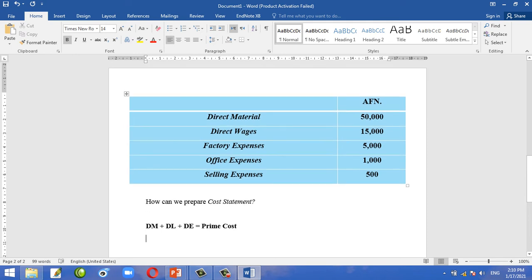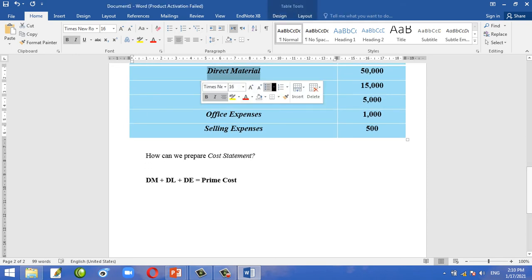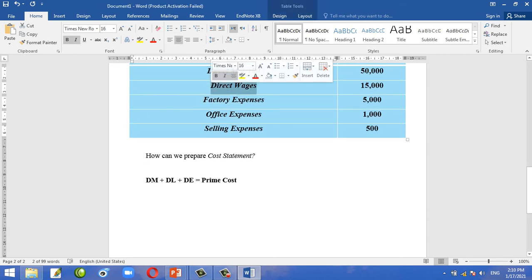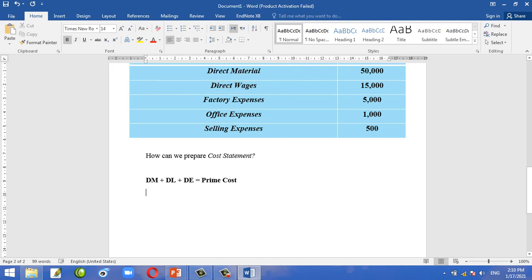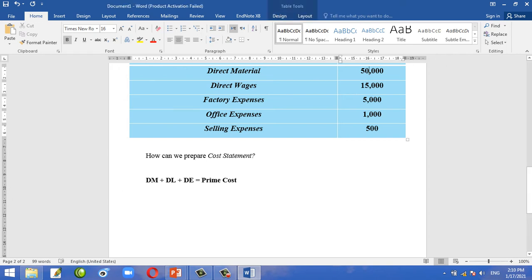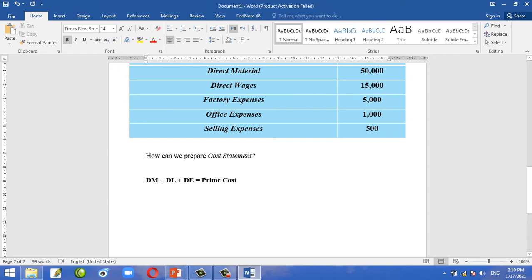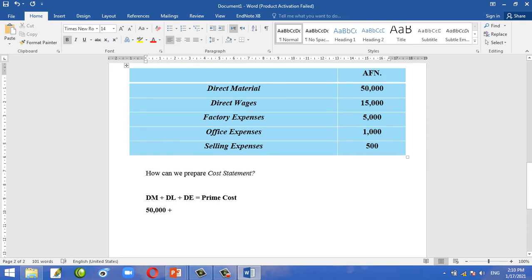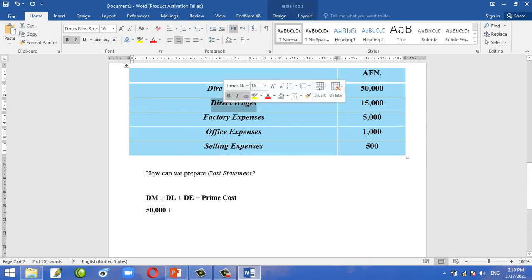So here we have direct material, direct expenses, and direct wages. Direct material is how much? We have 50,000 Afghanis. Plus direct labor. Direct wages will be given to direct labors.